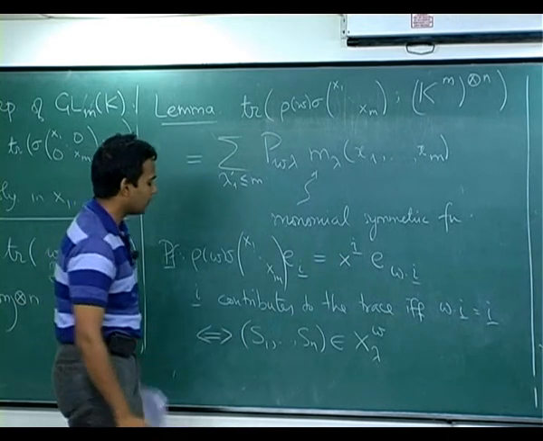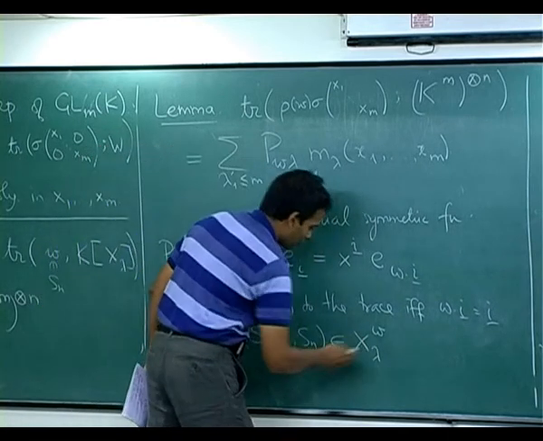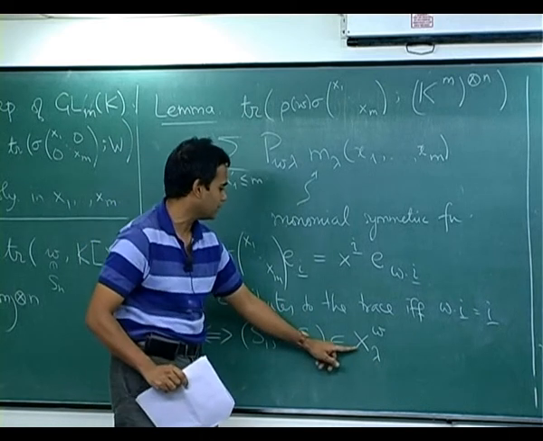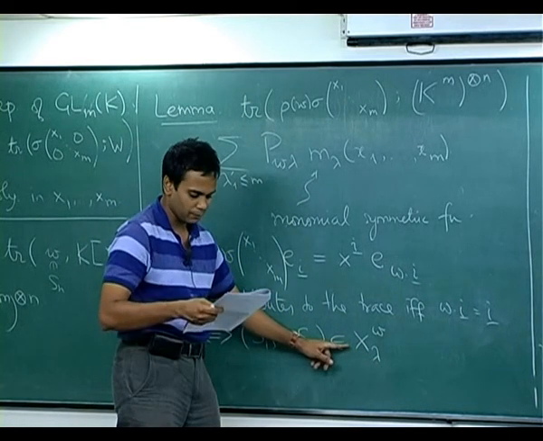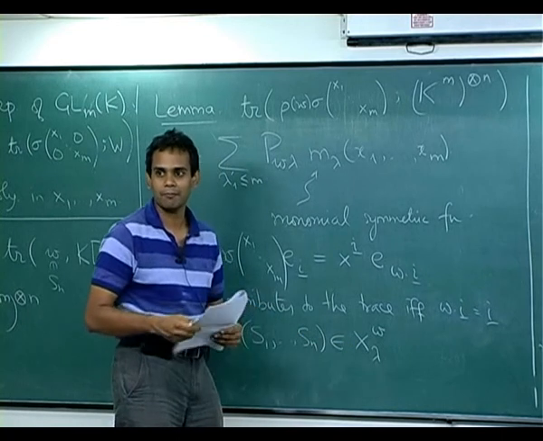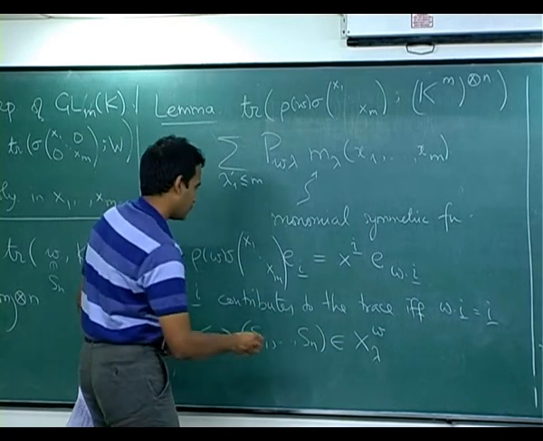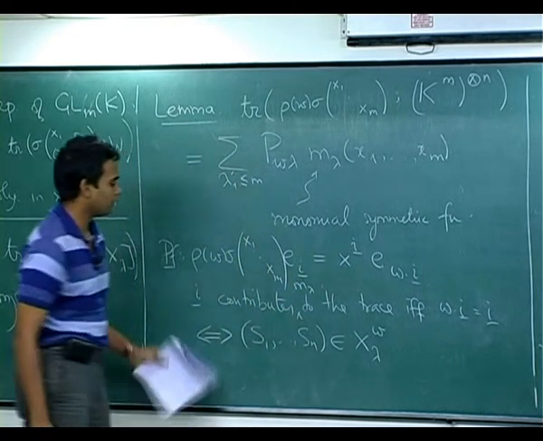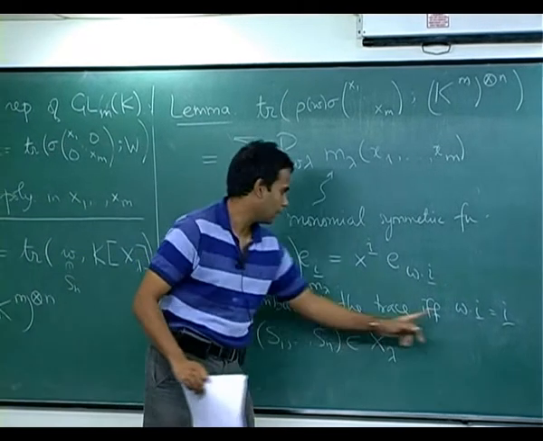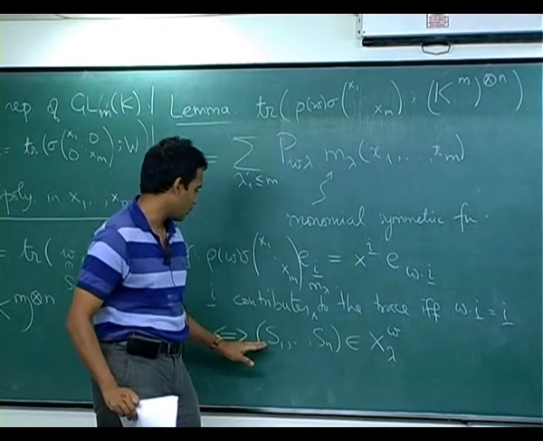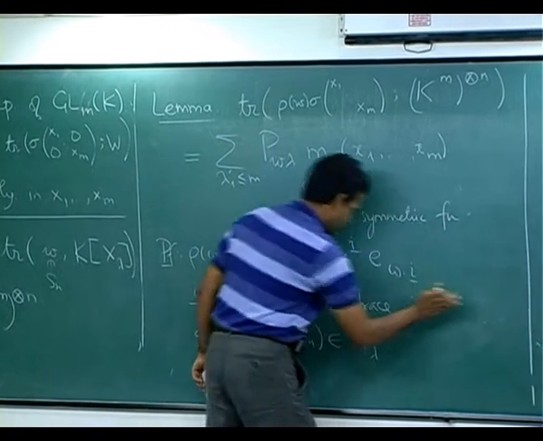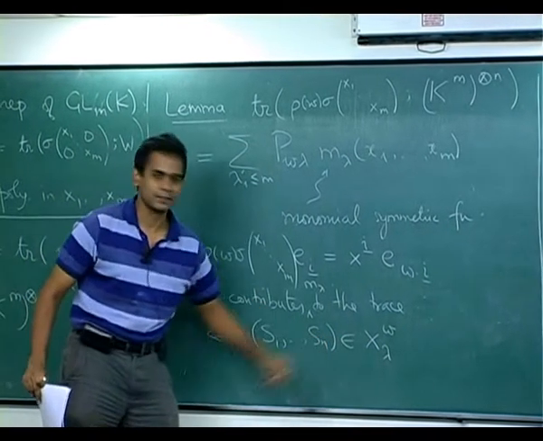And this is in X lambda for some lambda, but if it is in X lambda, then the contribution is to the monomial symmetric function x to the m lambda. So it contributes m lambda to the trace if and only if w·I is I and S1, S2, ..., Sn is in X lambda fixed by w.